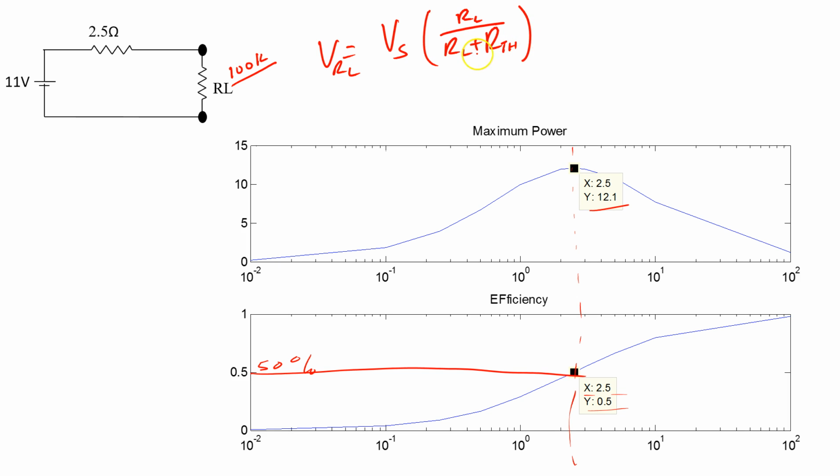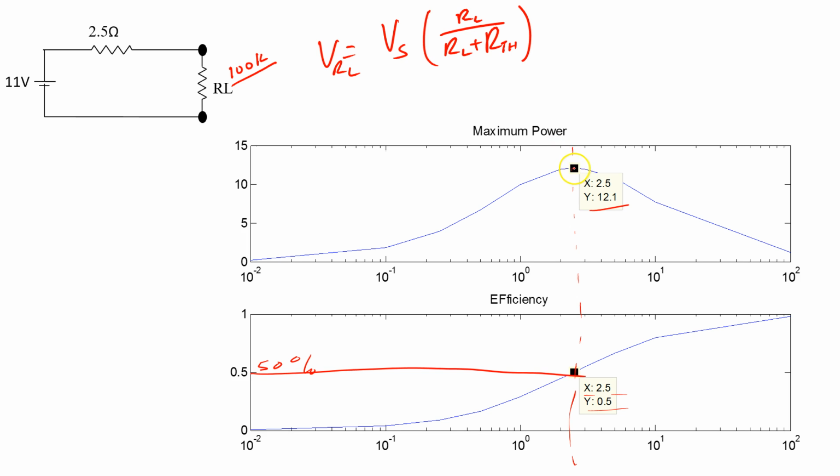As RL becomes very large compared to R Thevenin, the ratio goes to 1. In other words, more voltage drops across RL. And because a greater percentage of the voltage is dropping across RL, a greater percentage of the power will be dissipated in RL.